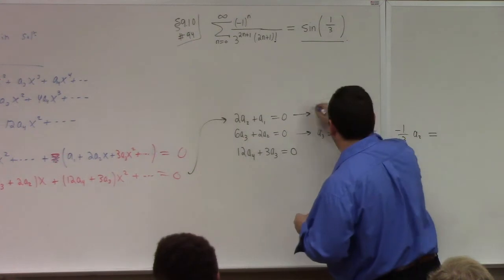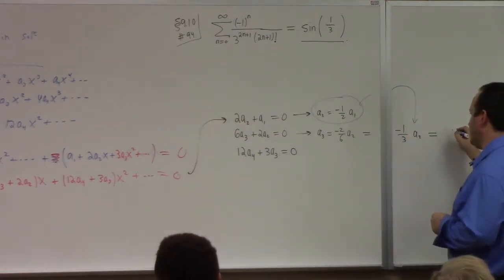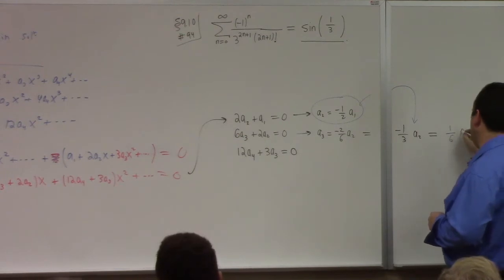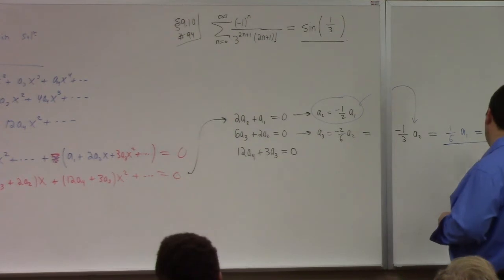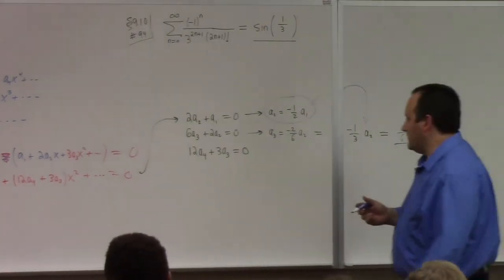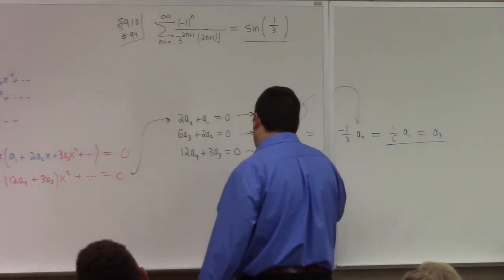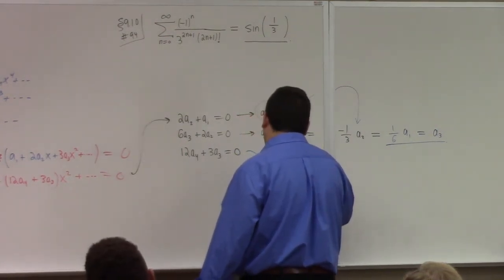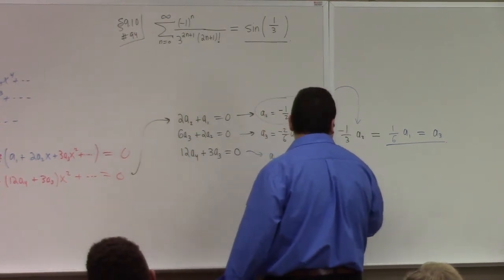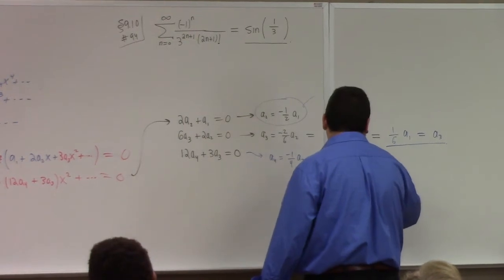So that's 1/6 a1 is a3. And I can figure out a4. We don't even need it, though. But a4 is minus 1/4 a3, which is minus 1/24 a1.